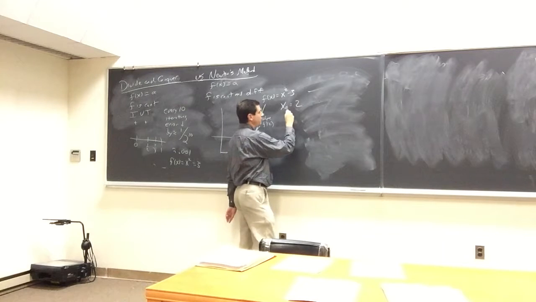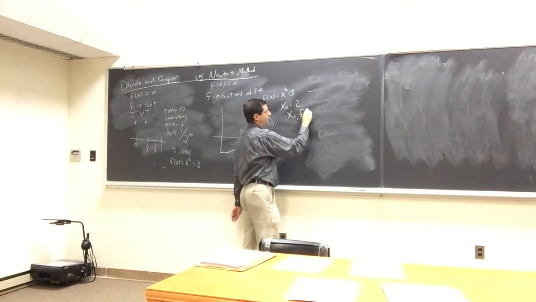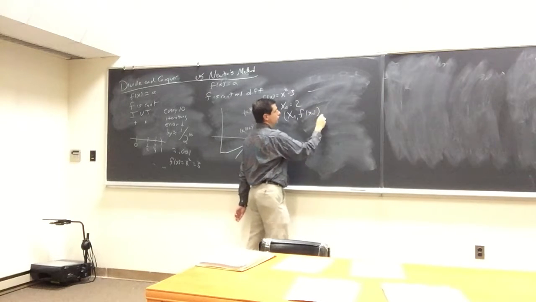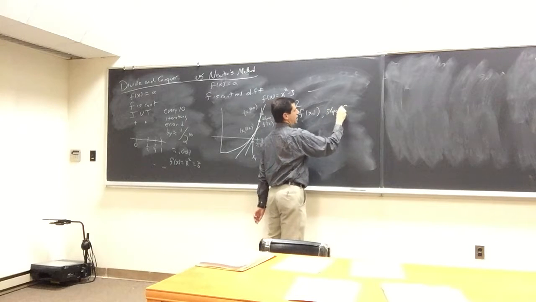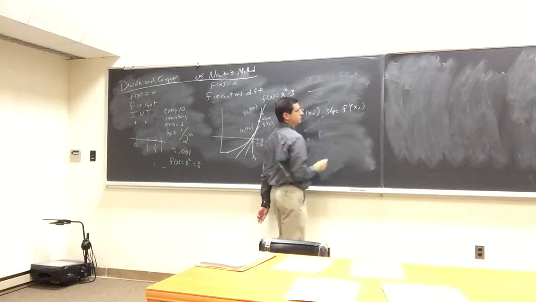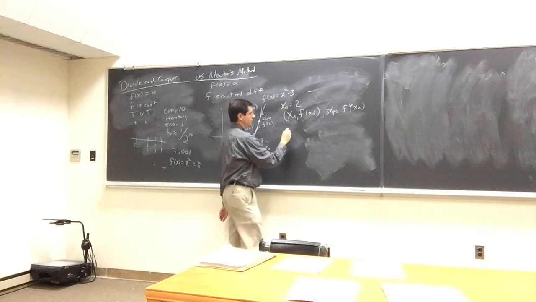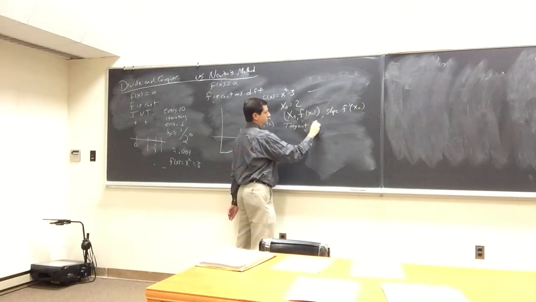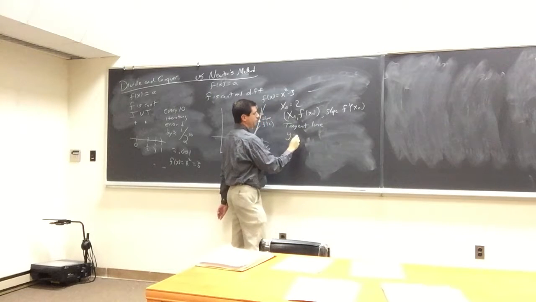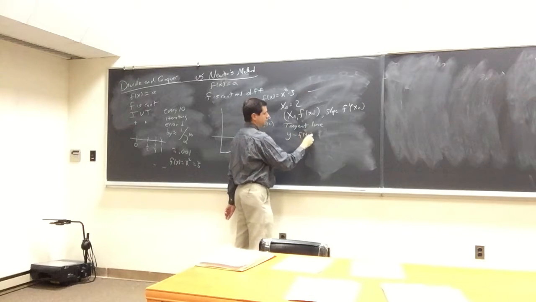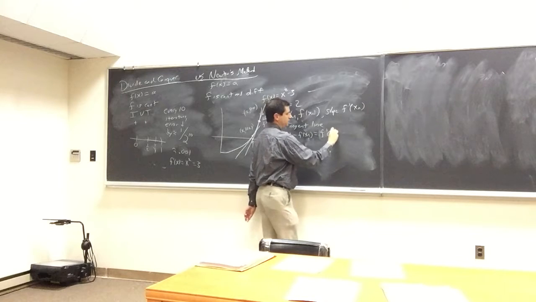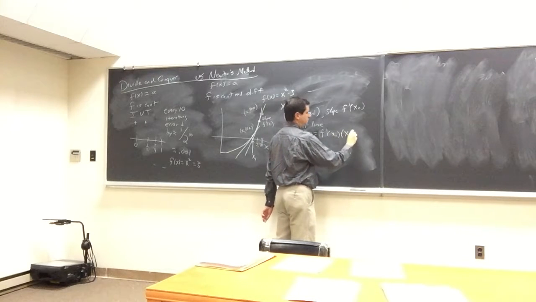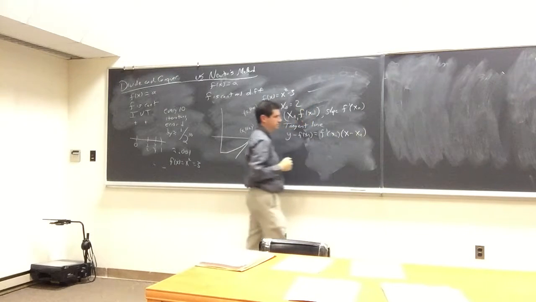So in general, if we have the point xn, f of xn, and slope f prime of xn, we get the equation of the tangent line as follows. So y minus f of xn equals f prime of xn times x minus xn.